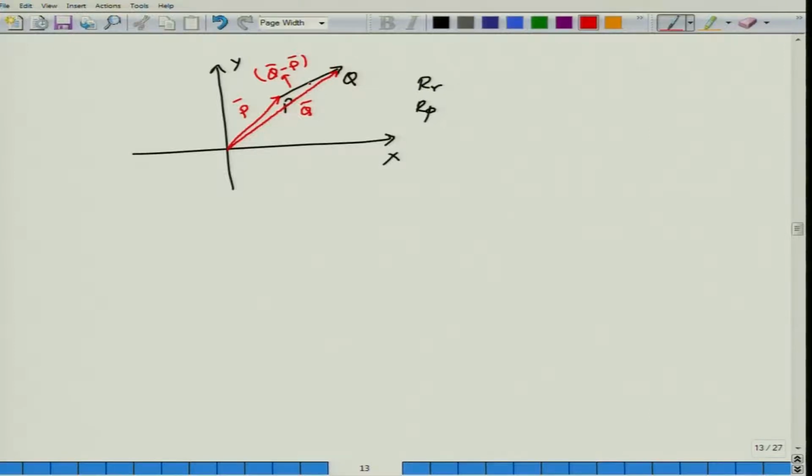The correct way to solve this problem in the cylindrical coordinate systems, which is also the hard way, is to first convert this P into the rectangular coordinate system, convert this Q into the rectangular coordinate system, then take the difference. Okay. That difference that you obtain will be in the rectangular coordinate system. After you have taken the difference, you can again go to cylindrical coordinate system. There you will see that r phi will be non-zero.